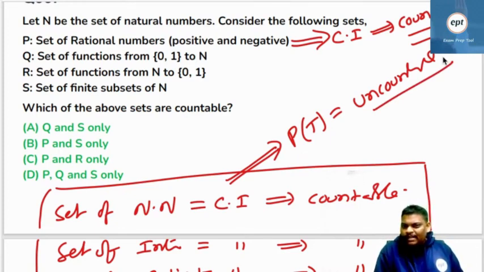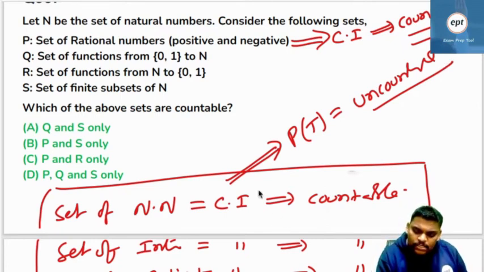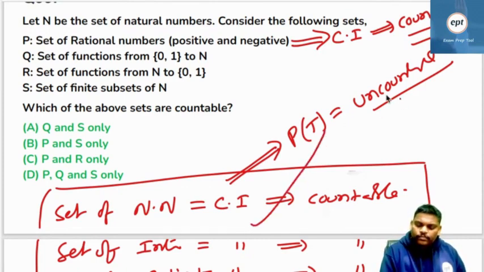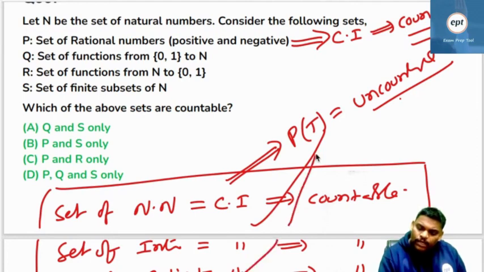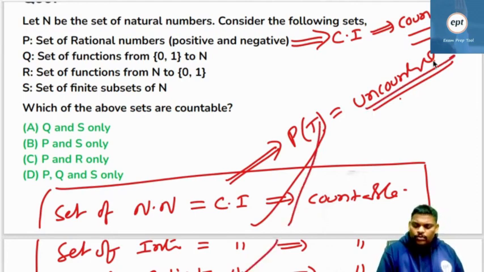That is called Cantor's theorem. So if anything is countably infinite, its power set is uncountable. If it is already uncountable, its power set is definitely uncountable.